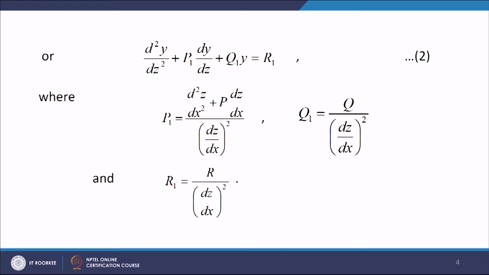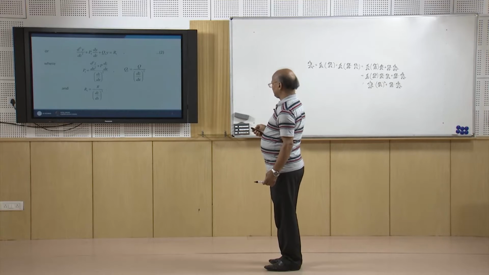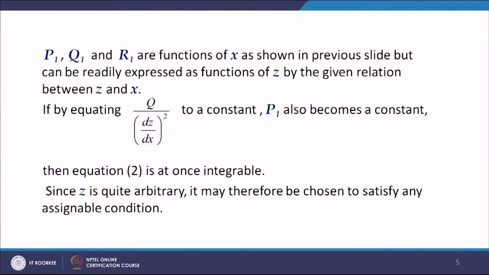So these p1, q1, r1 are some functions of x, and they can be easily expressed as functions of z by the relationship between z and x, which we have yet to establish.